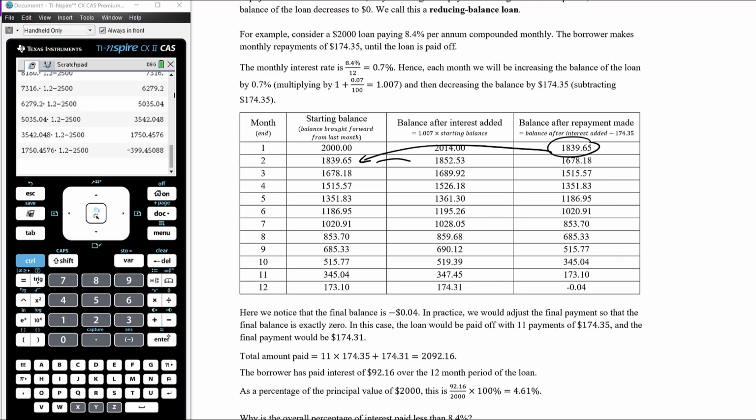We increase that by 1.007, and then we subtract our repayment of $174.35. That then becomes the balance for the start of the next month. Increase by 0.7%, subtract our payment, okay? And we can keep going until we see that here, after 12 months, the balance of the loan would have been reduced to zero. Technically, it becomes negative if we were to follow the same pattern.